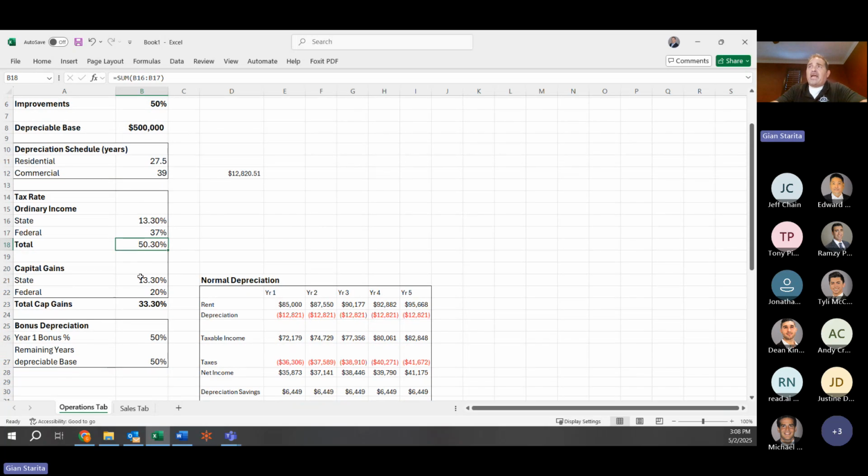And then on the capital gains side, California treats ordinary income and capital gains exactly the same way. So that's 13.3% in the top bracket. But your federal top bracket is 20%. So that goes anywhere from 0 to 15 to 20. Most people on capital gains on the smaller end are at 15%. But when we're dealing with big properties, let's talk about 20%. So your total capital gains percentage is 33.3. Your total ordinary income is 50.3.